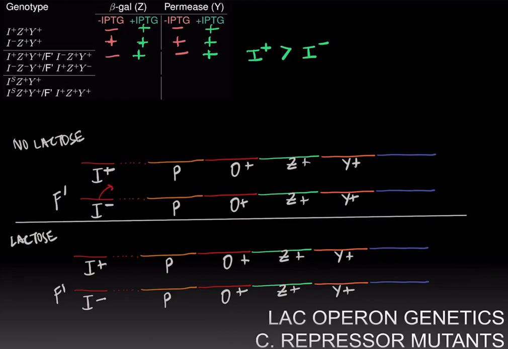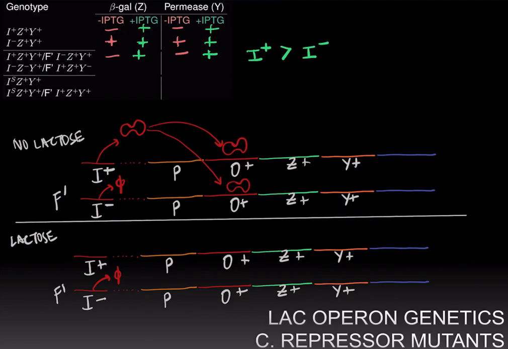I minus does not make any functional repressor protein. However, the I plus allele on the bacterial chromosome will make a functional repressor protein, which is then going to go and bind to the operator sites on both the DNA molecules, so both on the bacterial chromosome as well as on the F prime plasmid.